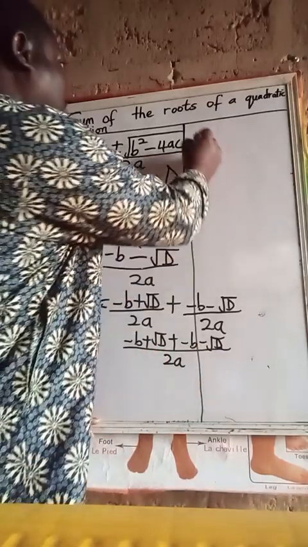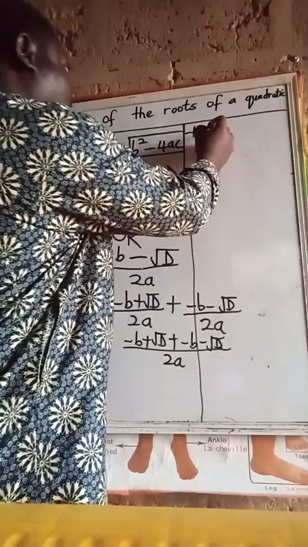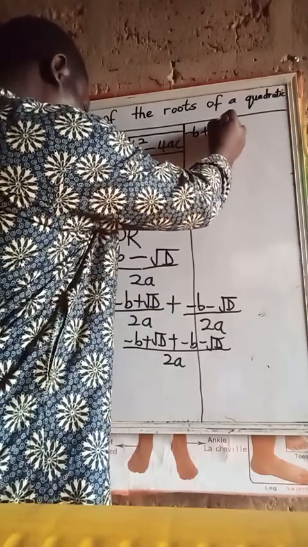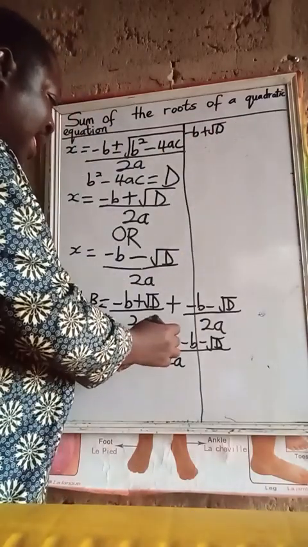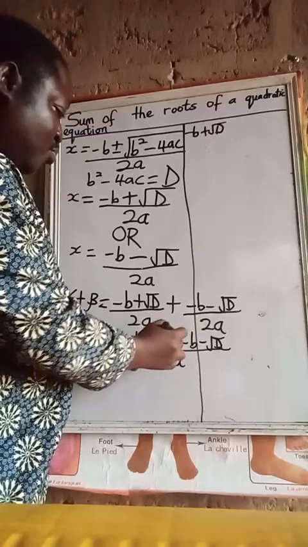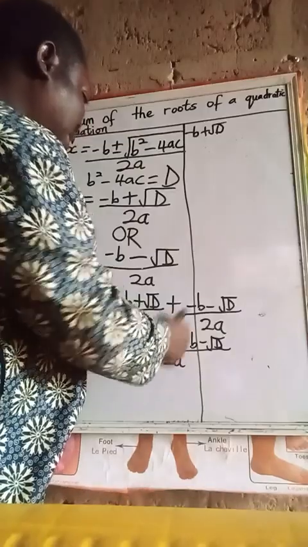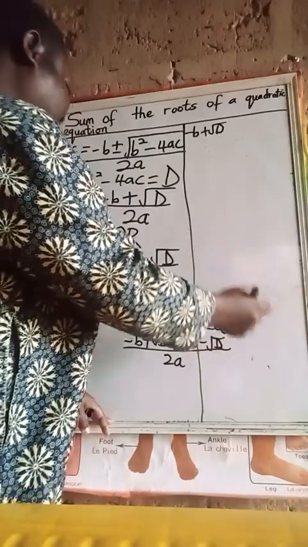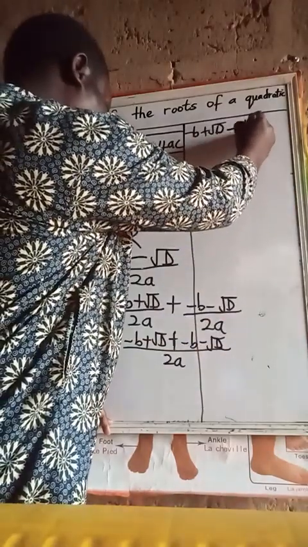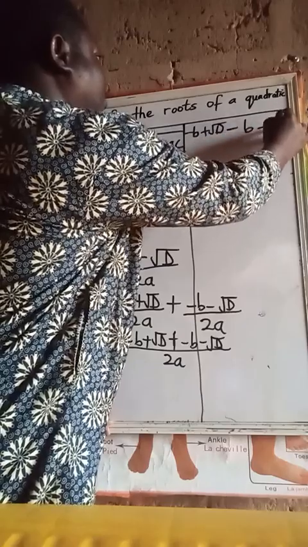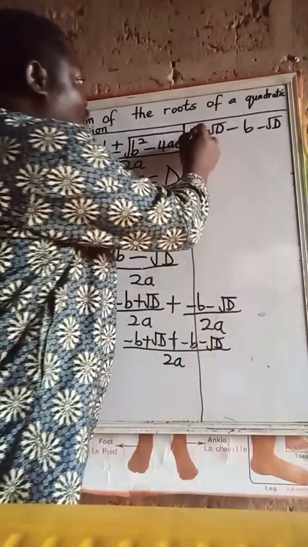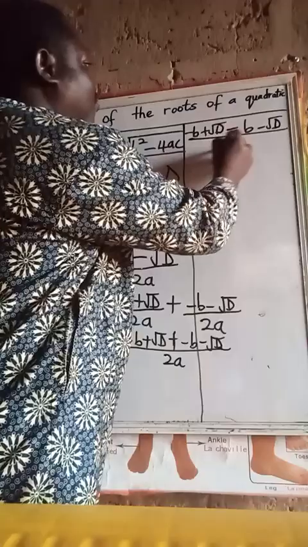Now we have minus b plus root D. Then here I have to multiply these two signs so as to get a single sign. So plus times minus, that is minus. So this is the same thing as saying minus b minus root D, then all over 2a.